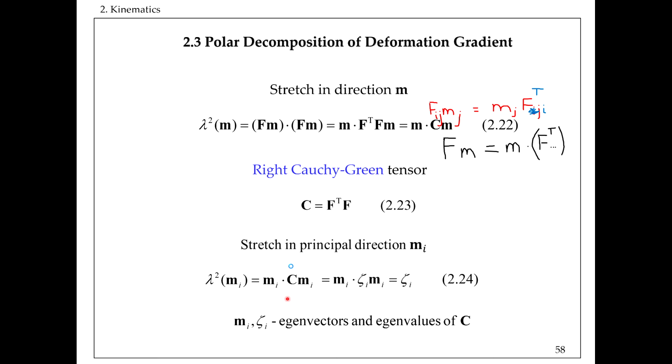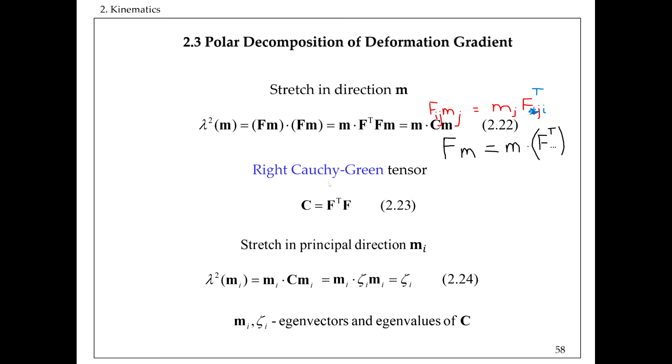What's important is that the eigenvalue of the tensor C will actually be the quadratic stretch, the stretch squared in this principal direction. So that's an important property for our newly introduced right Cauchy-Green tensor.